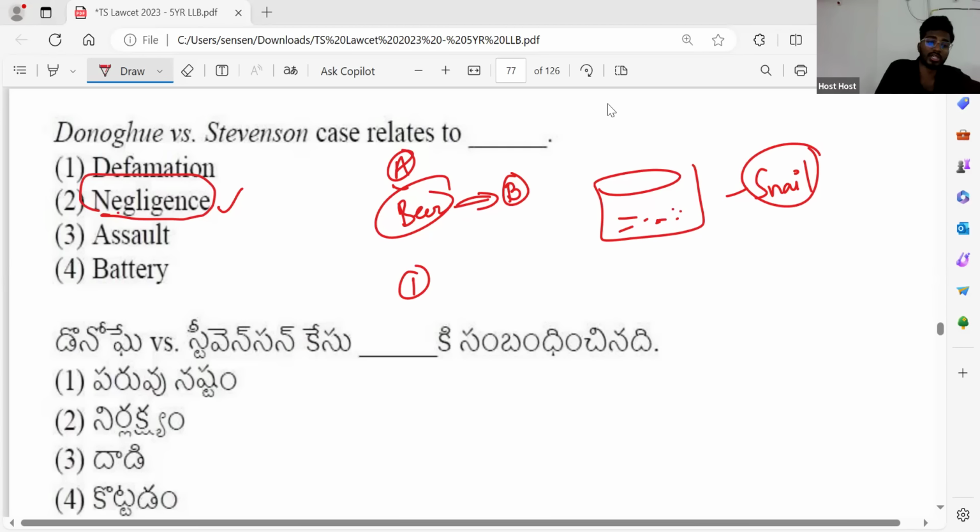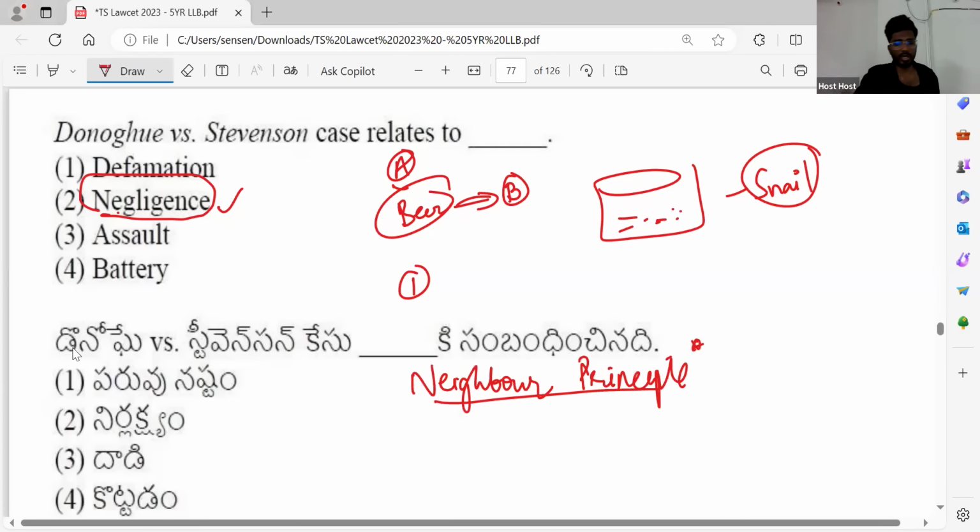Pay attention here again. Another principle evolved in this particular case is known as the neighbor principle. In the Telugu batch, I talked about it, but here I'll discuss it, don't worry. In the neighbor principle, who is a neighbor according to the law? A neighbor is actually a person who will be affected by your acts.